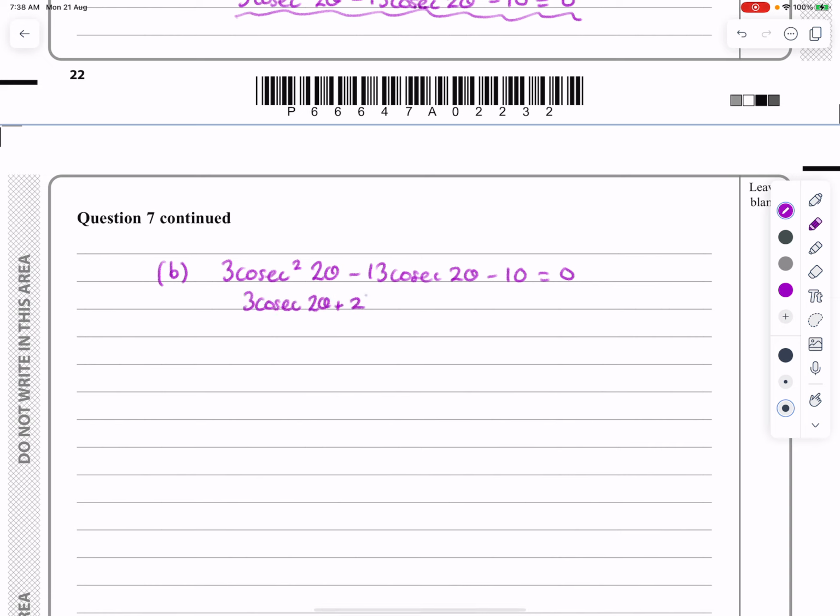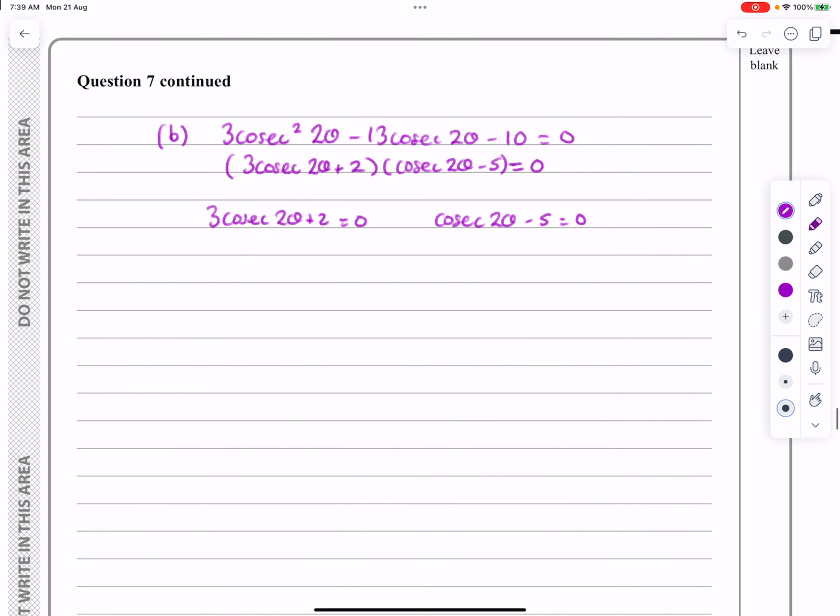It factorizes to 3 cosec 2 theta plus 2 and cosec 2 theta minus 5. Whoops. Equals 0, which is going to give me my 2 possibilities. 3 cosec 2 theta plus 2 equals 0, or cosec 2 theta minus 5 equals 0, which is going to give me cosec 2 theta equals minus 2/3, or cosec 2 theta equals 5.